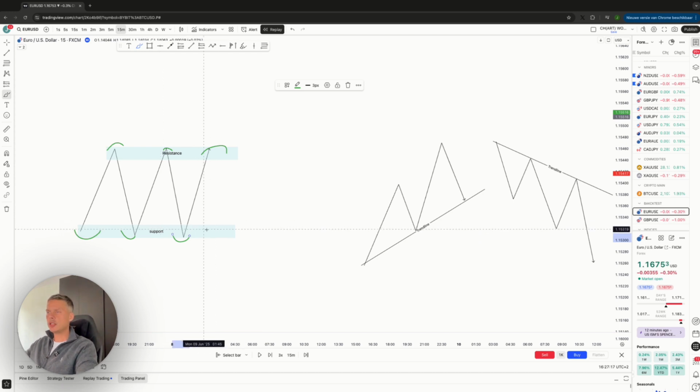But what most people don't understand is that, okay, what if we take out that resistance area? What happens then? What type of trader enters when we break out of that resistance? Well, first we had sellers stuck in the market. Now we break out. Now we have breakout traders going long. So we have one type of trader. Now we have two types of traders.